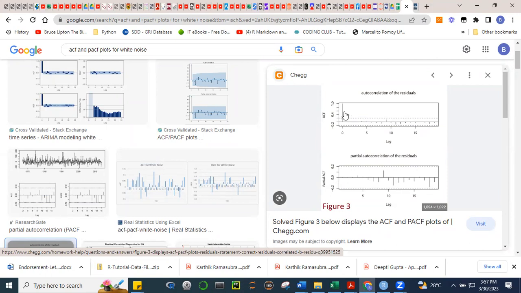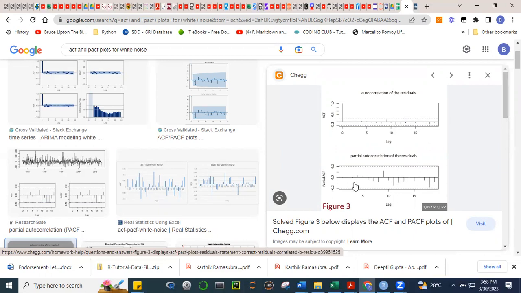Now, lag 0, definitely the time series will be correlated with itself, no? Lag 0 ibig sabihin you're correlating y sub t to y sub t. Siyempre 1 yan. Kaya don't be confused with this one. Bakit siya significant? 1 nga. Hindi. That's lag 0. If you take a look at the different lags, there are no significant spikes, no?